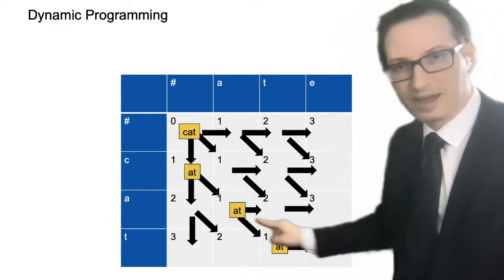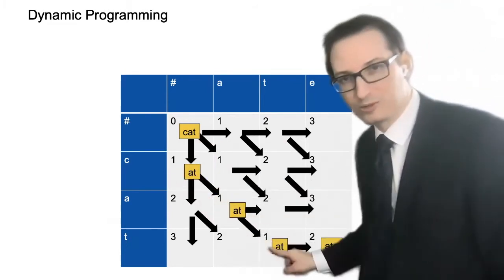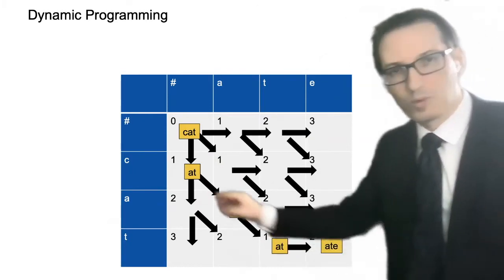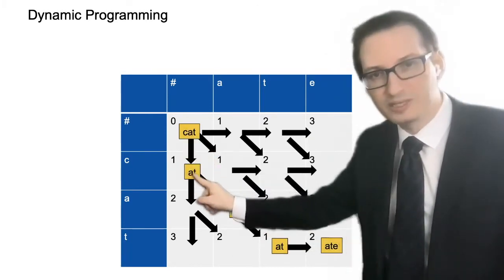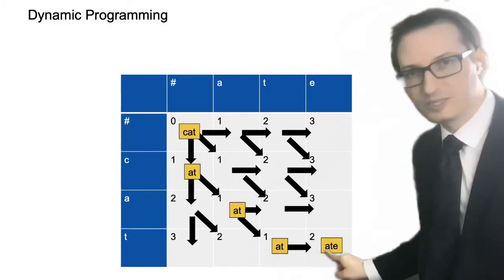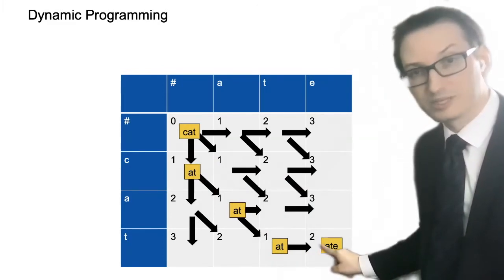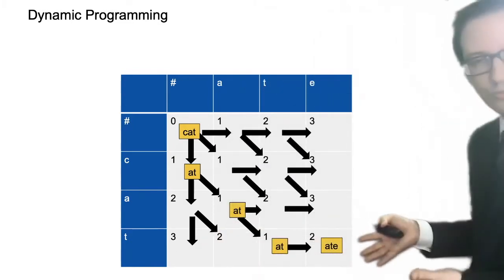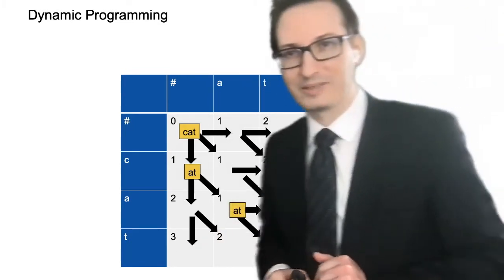So cat, at, that's 0. You see 1, 1, 1, the distance doesn't change. Cat, at, right? So what we did is remove the C here, and we added back the E here, right? These are the 2 steps that we have. So you see, with dynamic programming, we just managed to solve that in quadratic complexity, right? That's the trick. All right.